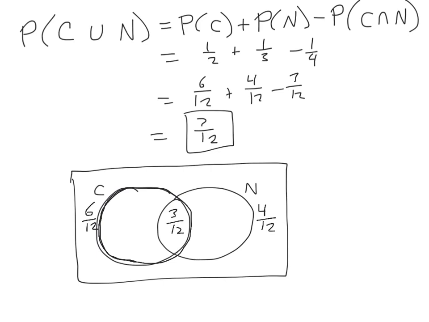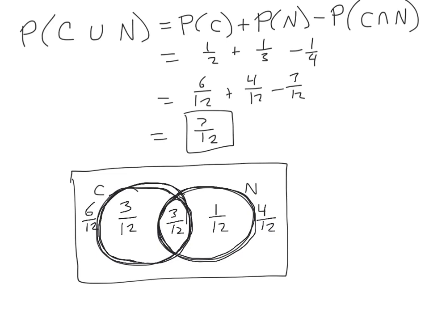Now here's the magical part. If this whole circle has to add up to 6/12 and this part of it is 3/12, doesn't that mean we can automatically figure out what this part is? This part has to be 3/12. Similarly, if this whole circle has to be 4/12 and this section of it is 3/12, this section over here has to be 1/12.